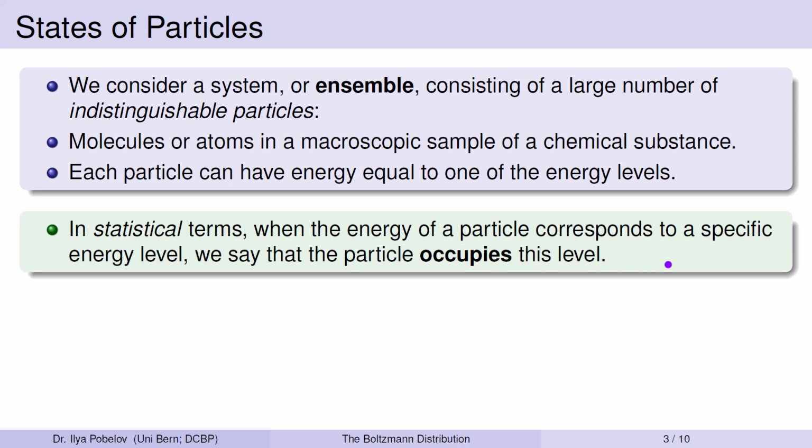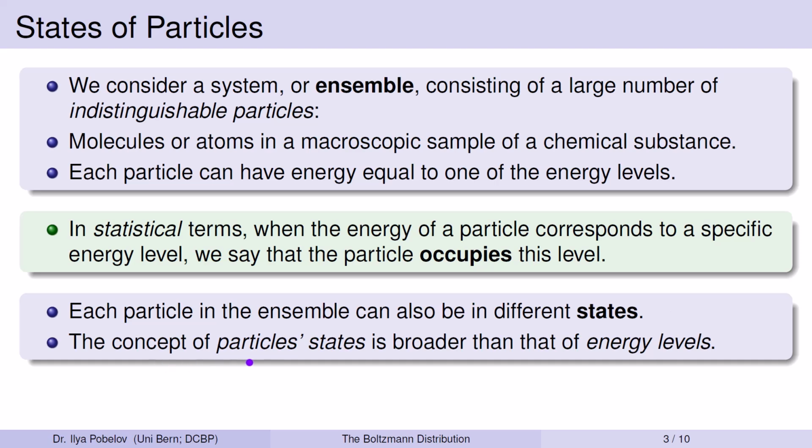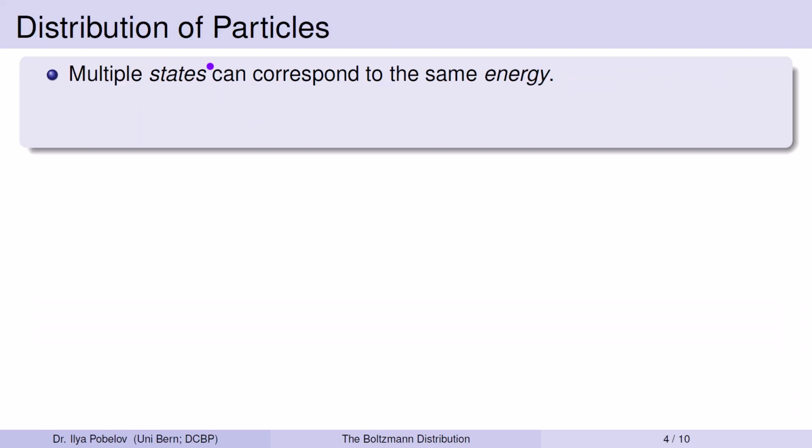occupies this level. Each particle in the ensemble can also be in different states, which is a broader concept than energy levels. In this context, we also say that a particle occupies a state. Multiple states can correspond to the same energy.